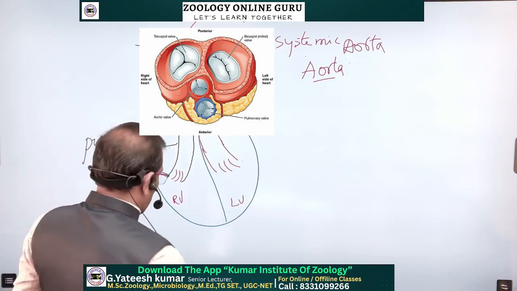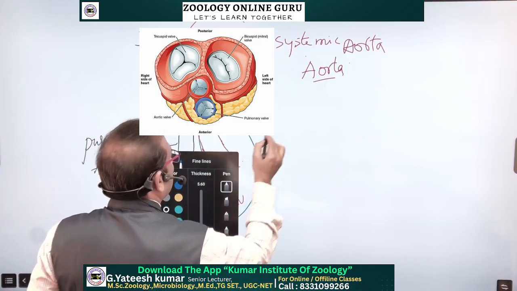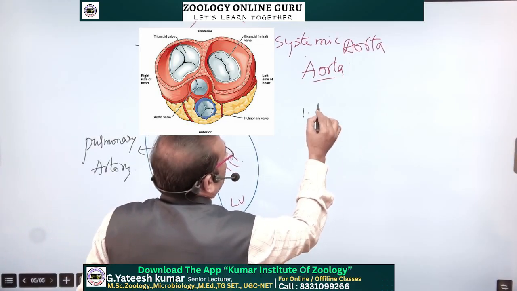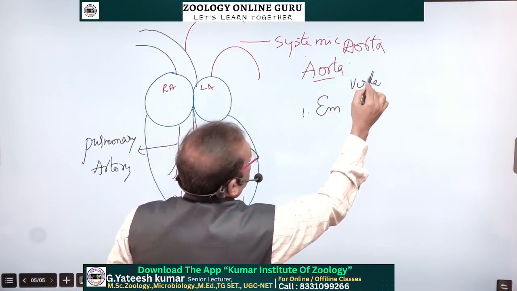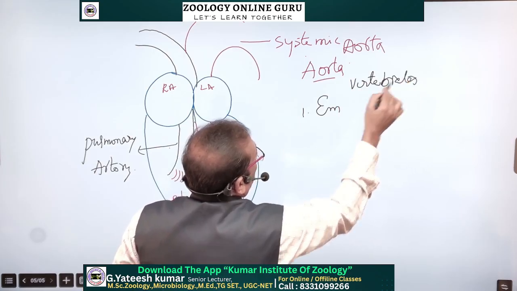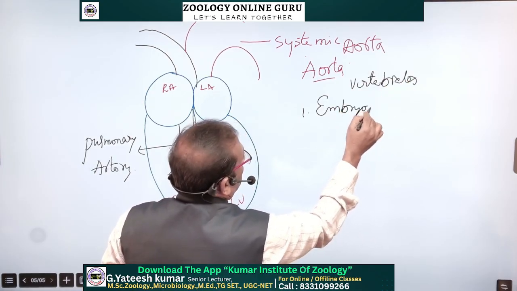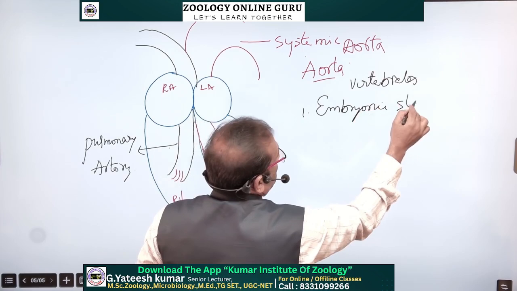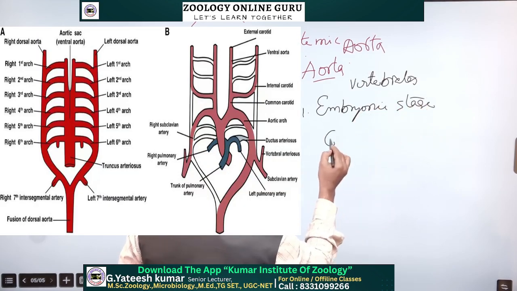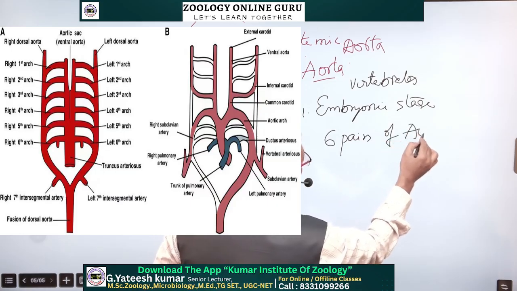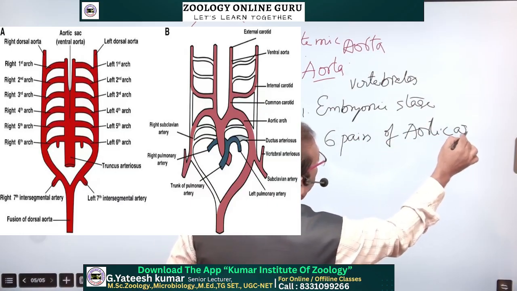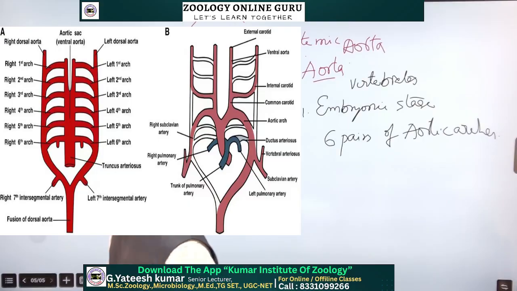And here one point: in the vertebrates, in the embryonic stage, there are 6 pairs of aortic arches present.